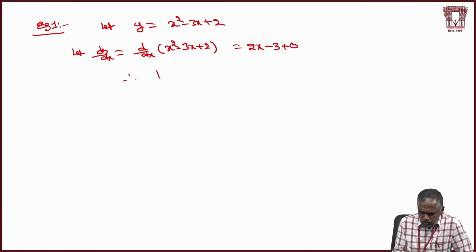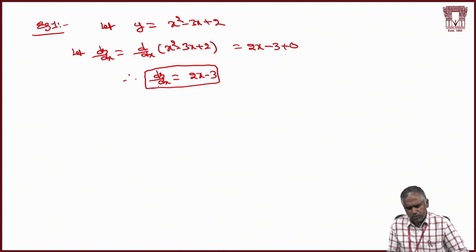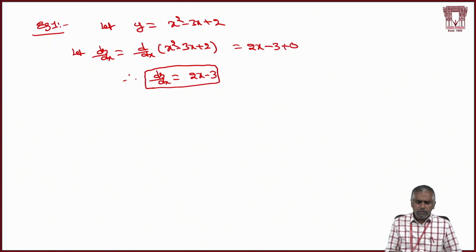So therefore dy by dx equal to 2x minus 3. Okay. So according to step 1, we did differentiation of y is equal to x square minus 3x plus 2 on both sides with respect to x. Then finally we will get dy by dx equal to 2x minus 3.